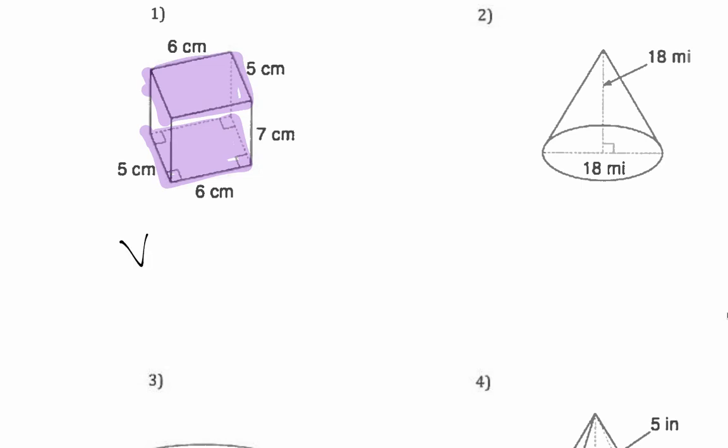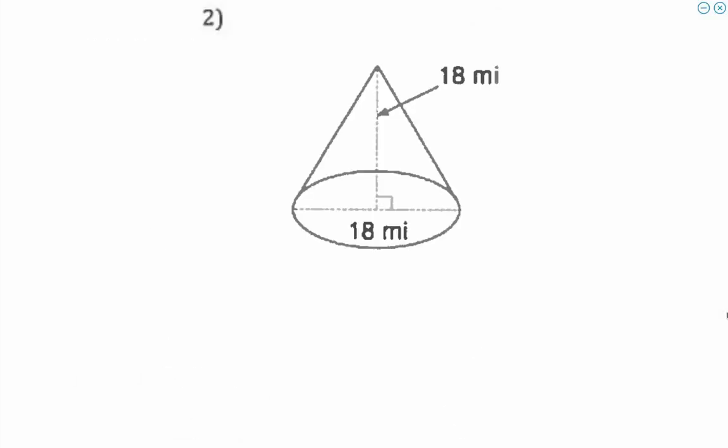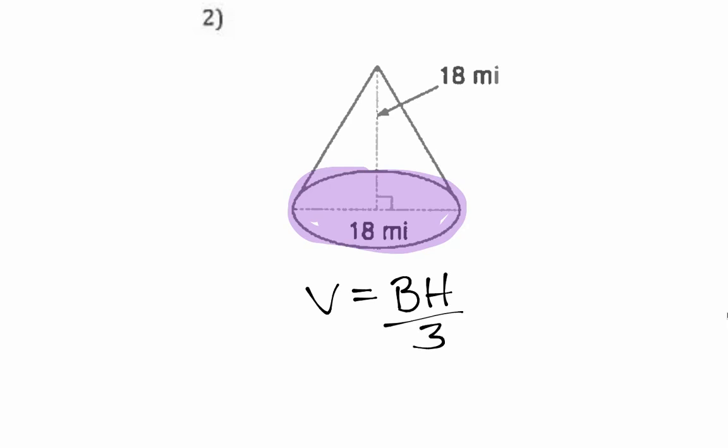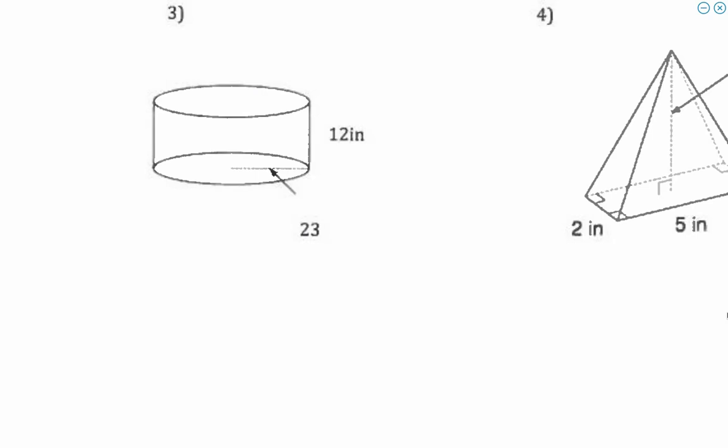That means it's going to be volume equals base times height. Number 2, I just have a circular base on the bottom. That means it is not a prism, it's a cone. So I'm going to do volume equals base times height divided by 3, because there's only one base. It gets smaller as we go higher, so we have to divide it by 3.